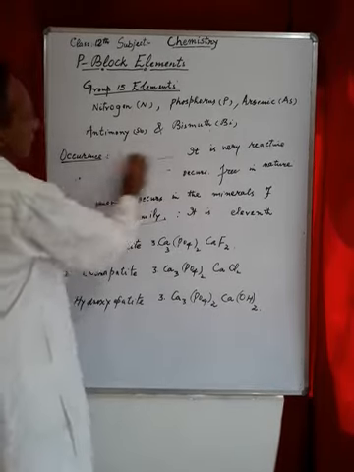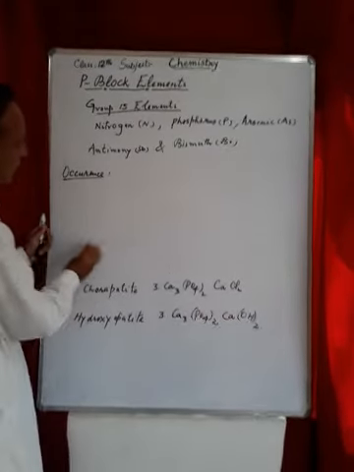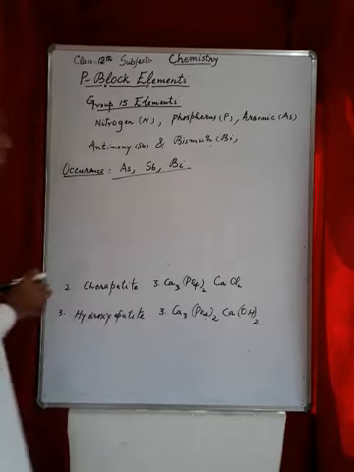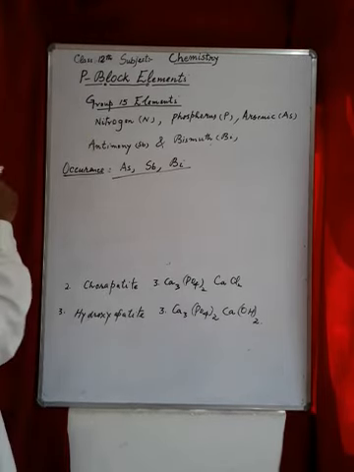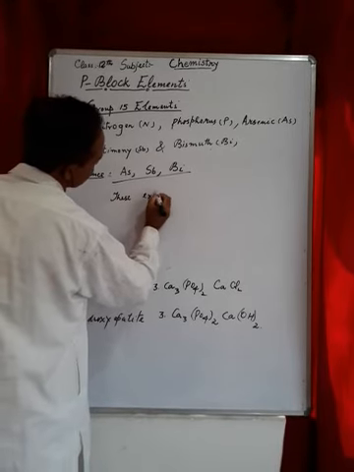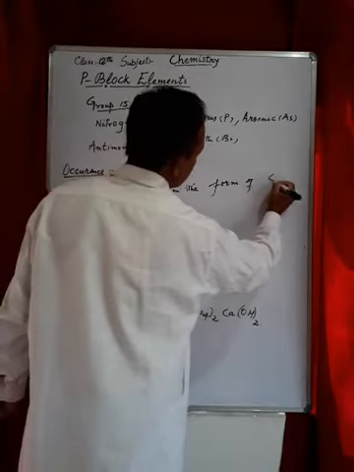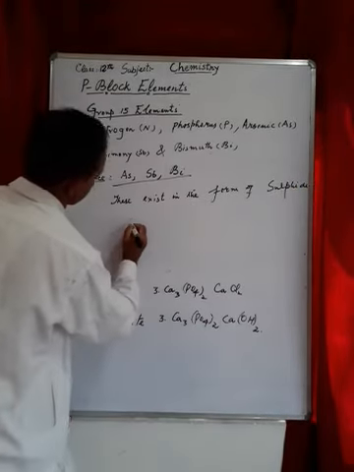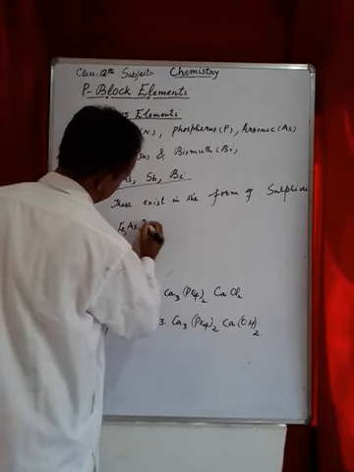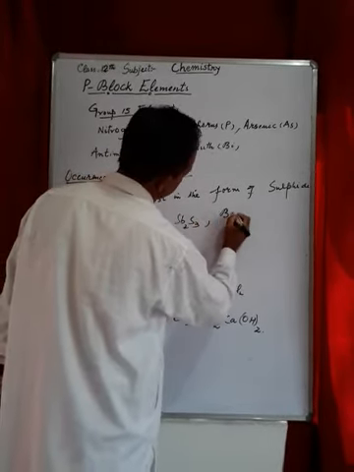Now, arsenic, antimony, and bismuth. These are not abundantly found in nature, and so these exist in the form of sulfides, such as FeAsS, Sb2S3, Bi2S3.